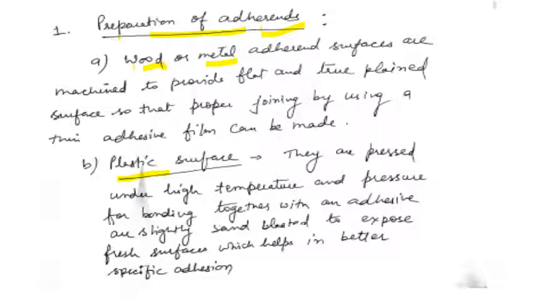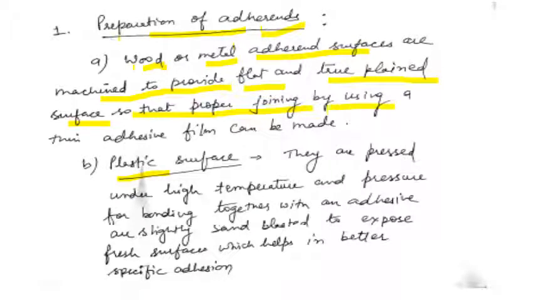Let's see if it is wood or metal: the surfaces should be machined to provide a flat and true plane surface, so that proper joining takes place by using a thin adhesive and a good film can be made. We apply a thin layer of the adhesive. So that is how we prepare the adherent surface of wood or metal.